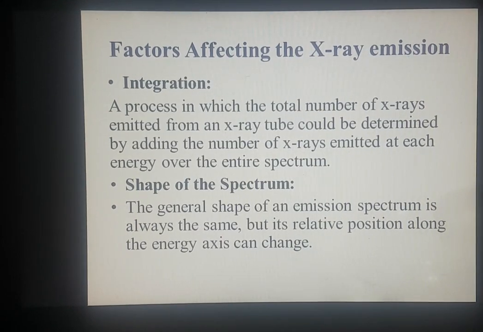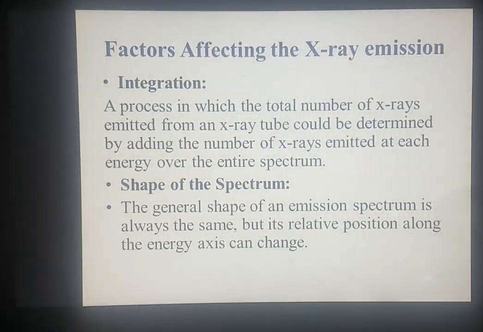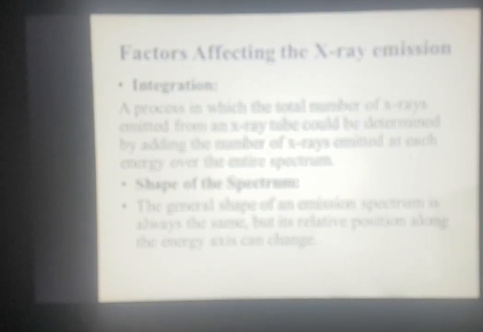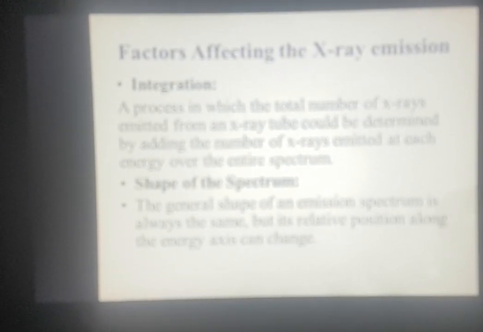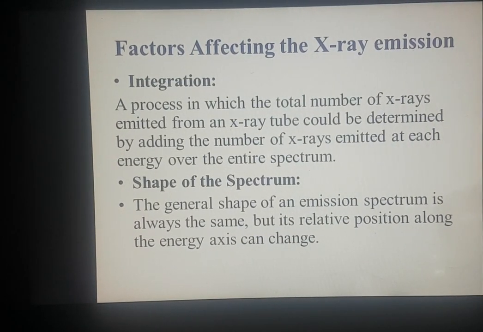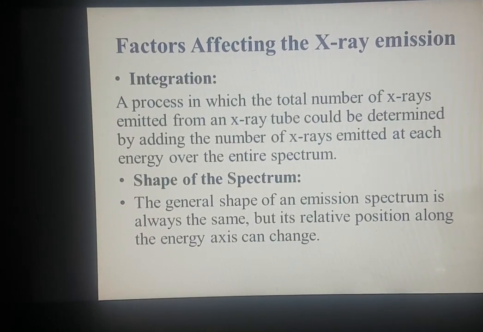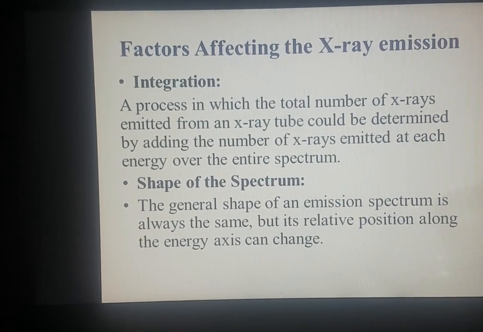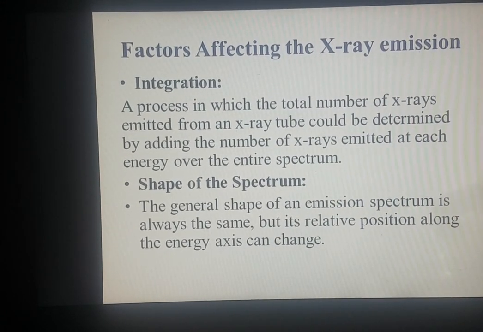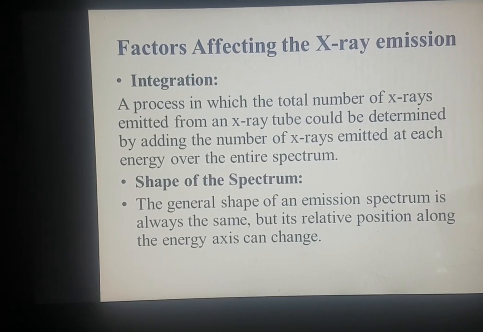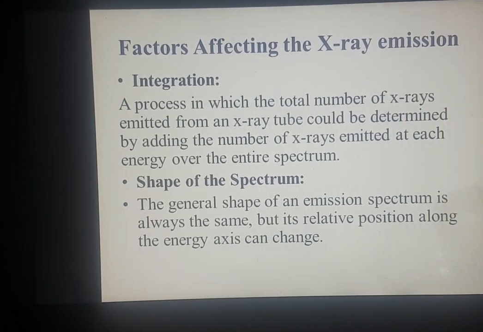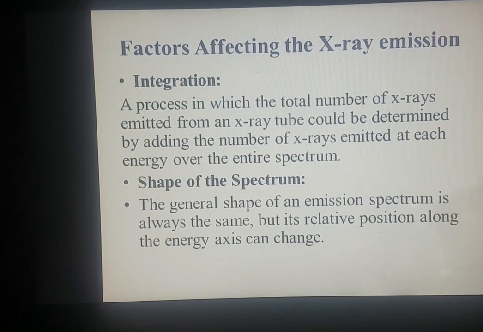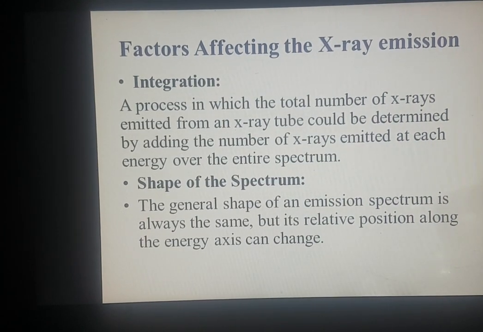A process in which the total number of X-rays emitted from an X-ray tube could be determined by adding the number of X-rays emitted at each energy over the entire spectrum. So this is actually a process by which you can determine the total number of X-rays that are generated by the X-ray tube by adding the number of these X-rays over the entire spectrum.